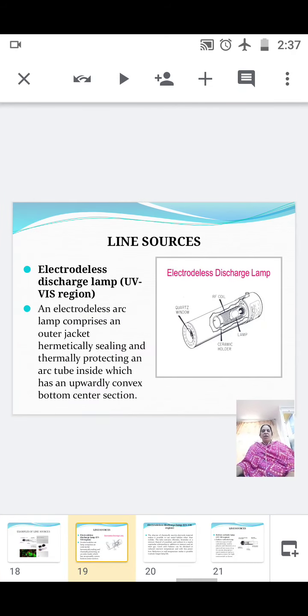The first one we are going to deal with is the electrodeless discharge lamp, which is used in the UV and visible region.